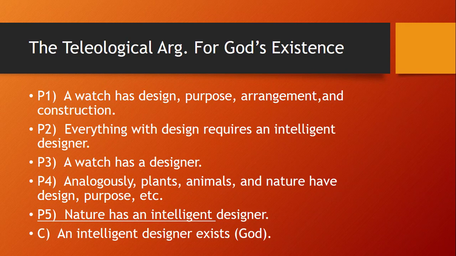All right, and so notice that there's a truncated line between P5 and the conclusion. And that line is to indicate therefore. Right? Therefore, here's the conclusion. And once again, keep in mind that you want to try to arrange the premises in as clear a way as possible so that someone who may not even be familiar with the issue at hand can understand the argument.